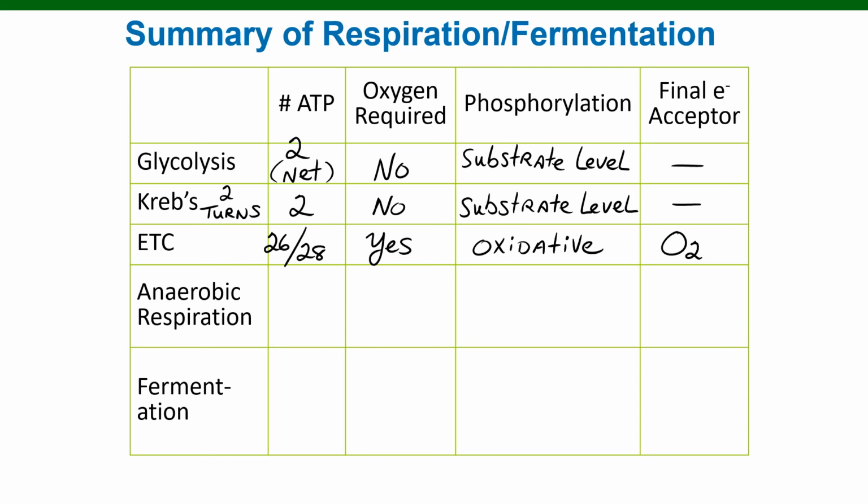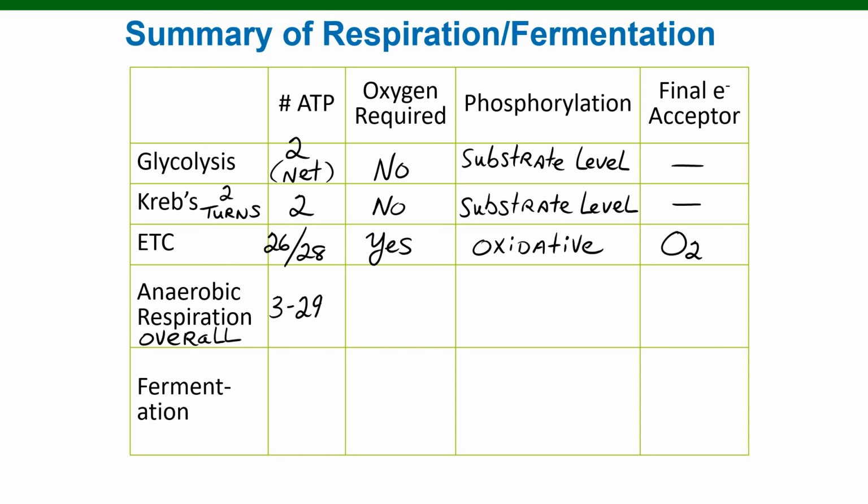Now, for the row here that says anaerobic respiration, we're going to take this as overall. So all events involved in anaerobic respiration, including glycolysis and whatever the Krebs cycle would be. And we'll say that the number of ATP ranges. And earlier we had mentioned that it could be anywhere from 3 to 29 ATP total.